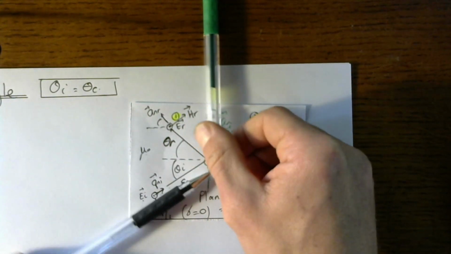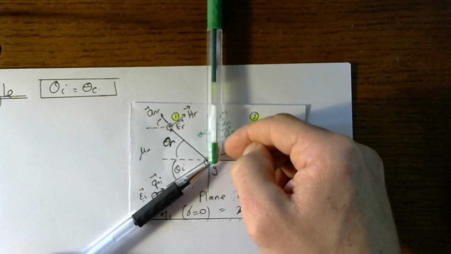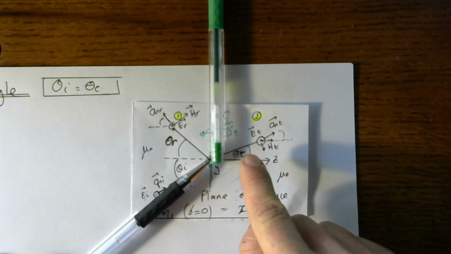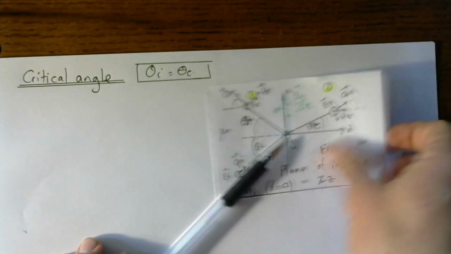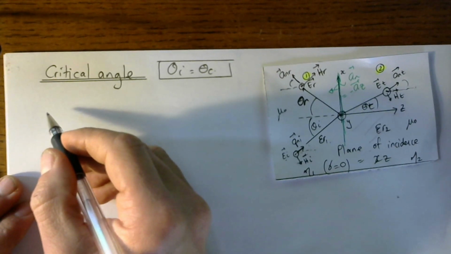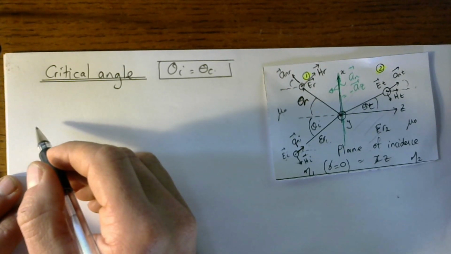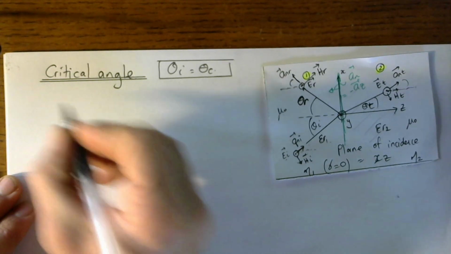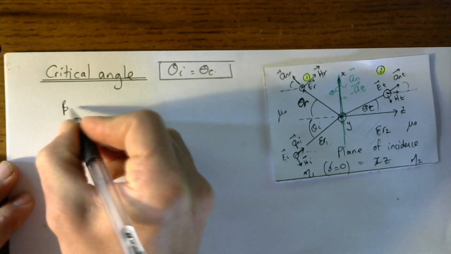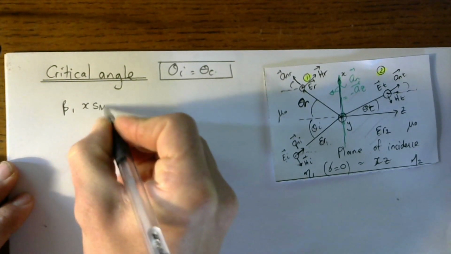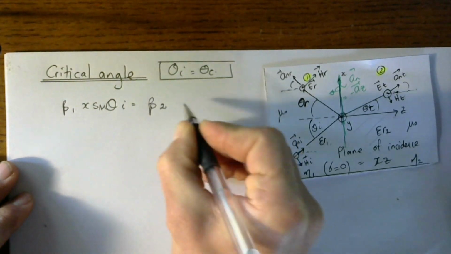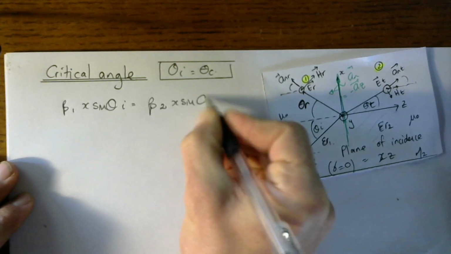We obviously want to find out what this value of theta i is that causes the transmitted angle to be pi over 2. And it is super easy to figure that out, because we know from the boundary conditions, from one of the previous videos that I made, or you can use Snell's law of refraction, that beta 1 times sine theta i is equal to beta 2 times sine theta t.